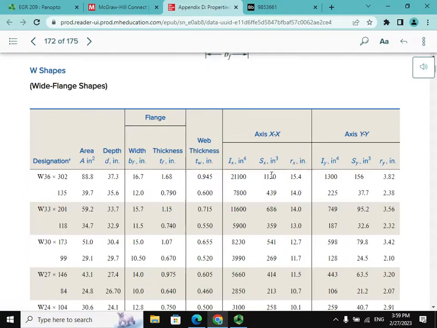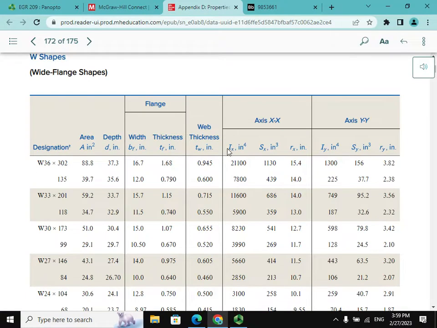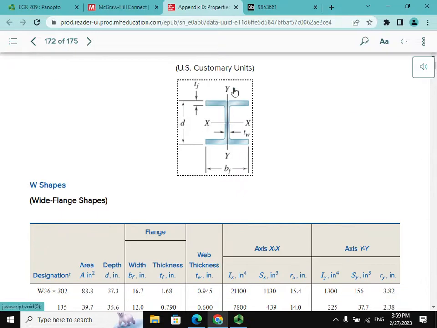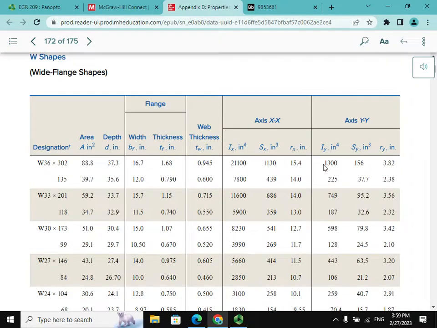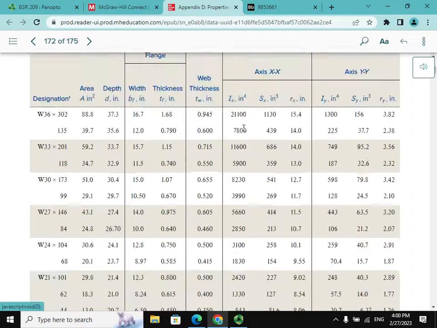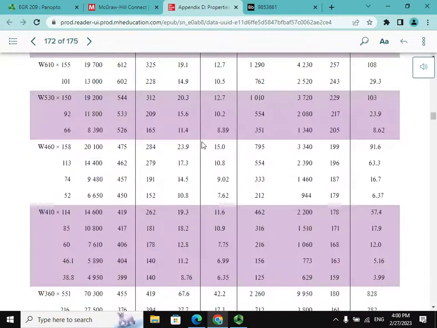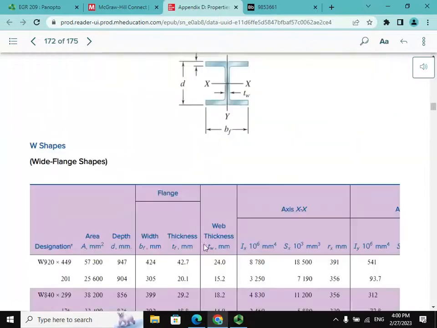The moment of inertia about the x-axis is given, and the radius of gyration Rx is given. For the y-axis, Iy is given and the radius of gyration Ry is given. These are commercial cross sections you may see in the market.